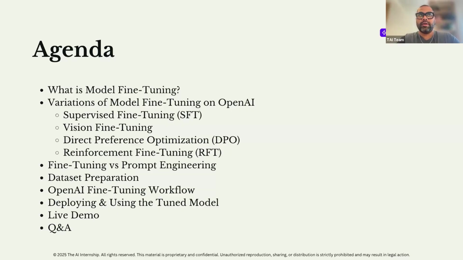We'll look at fine-tuning versus prompt engineering, the benefits, and when to pick which. Then the dataset preparation needed to run a fine-tuning job, how you can do that on OpenAI, and how to use the fine-tuned model. We'll do a demo, but the issue is that a really good fine-tuning takes a bit of time.